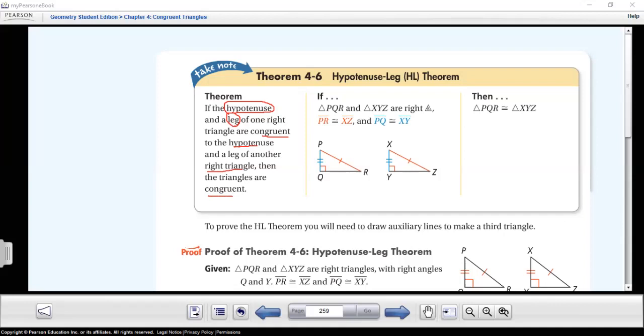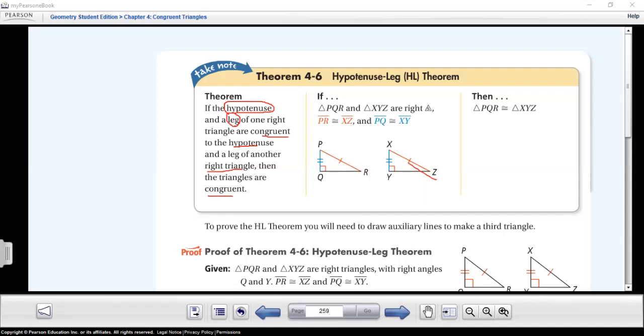What is the meaning of that? Here we have two triangles. Our condition is number one, BR is congruent to XZ. And also BQ is congruent to XY.